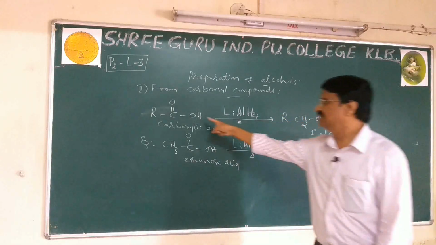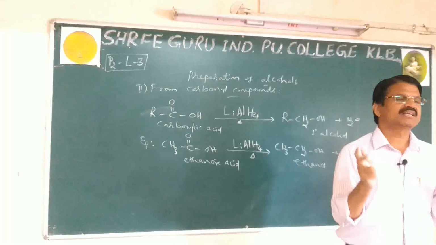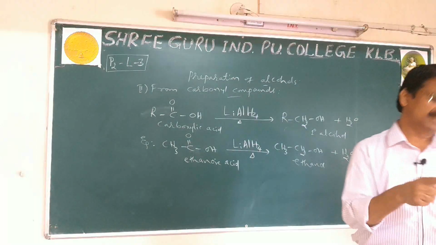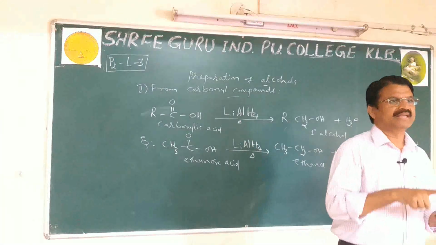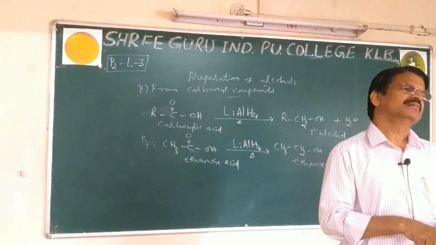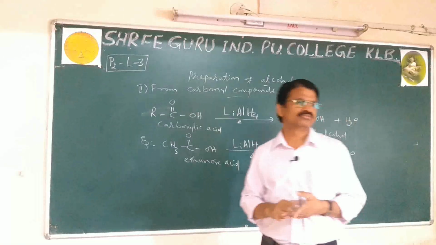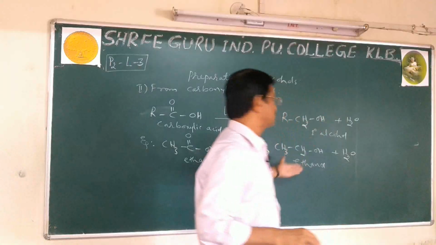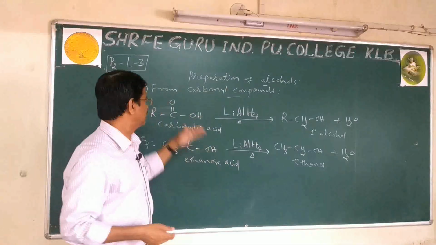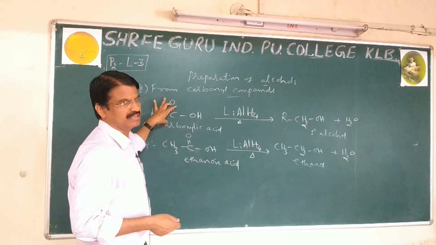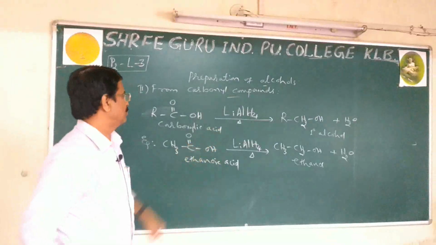Therefore, in industry they will convert carboxylic acid into its derivatives such as anhydrides, acid chlorides and esters. Then those esters are further converted into what? Alcohols. See how in industry they are converting carboxylic acid into alcohol.